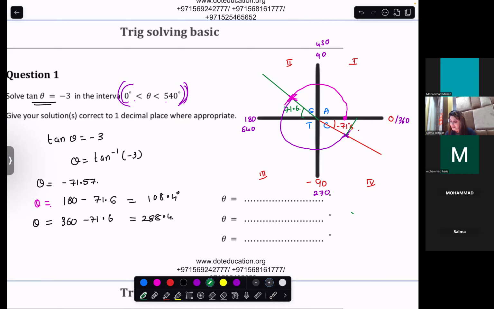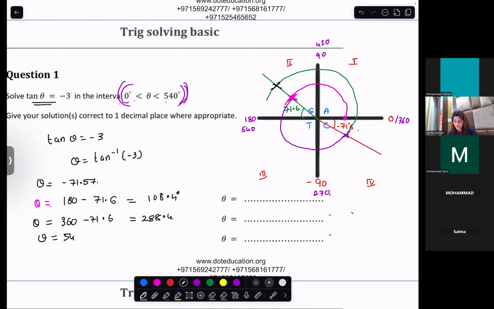I want between 0 to 540, so I'm continuing again. I am hitting 450 and I hit the line again. So, what will be the value of my theta? The value of my theta would be 540 minus theta.